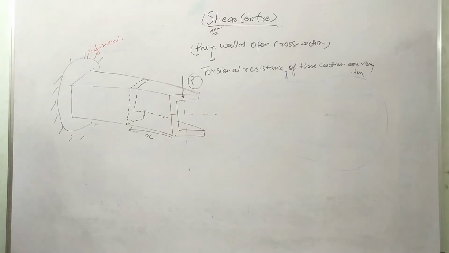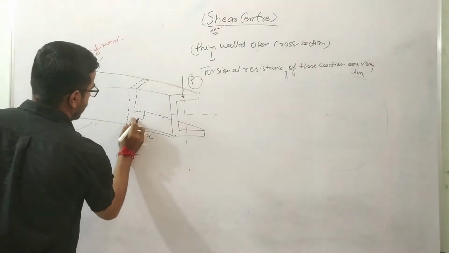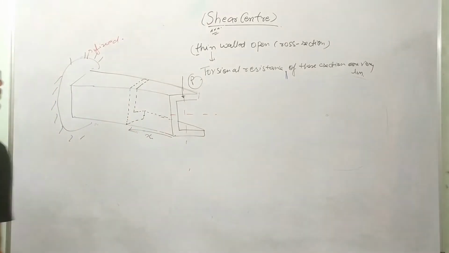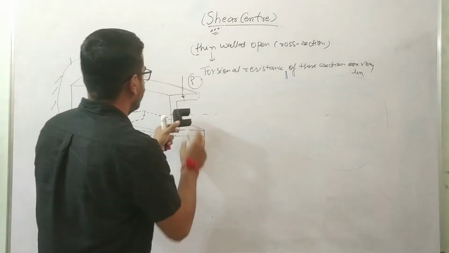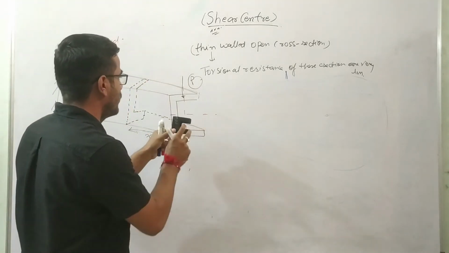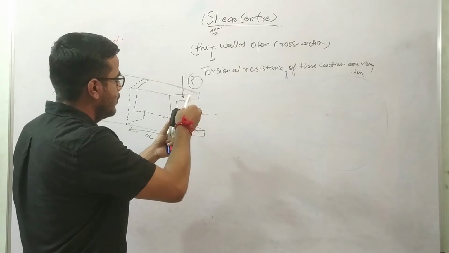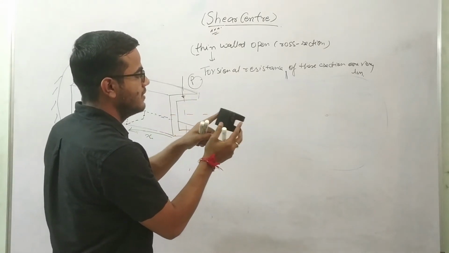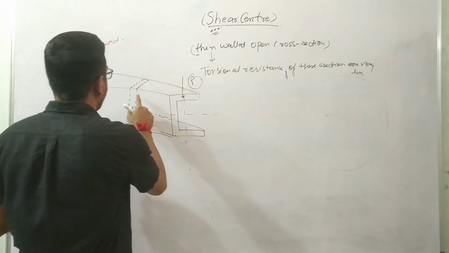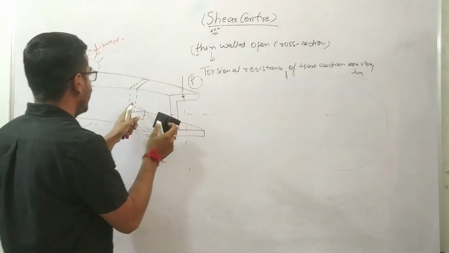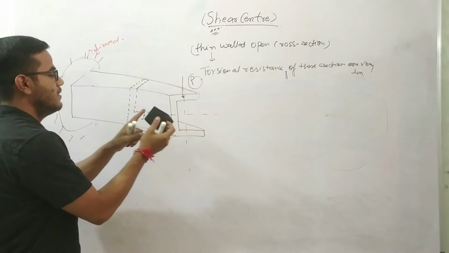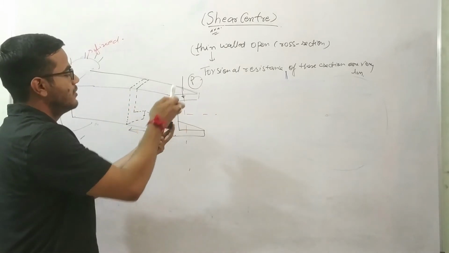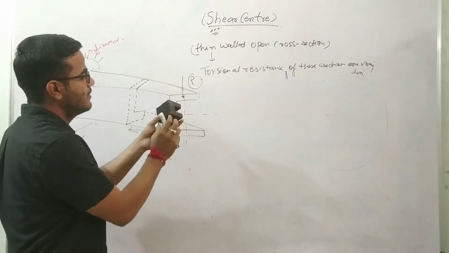Let us suppose I am taking a cross section over here, right? So what I want to show is that, let us suppose this is our channel section, C channel section over here. I am applying a load P over here. Now I'll see what is my stress distribution at this section. I have shown this cross section by this dotted line. So this is the load acting at point P, and this is our distance x.